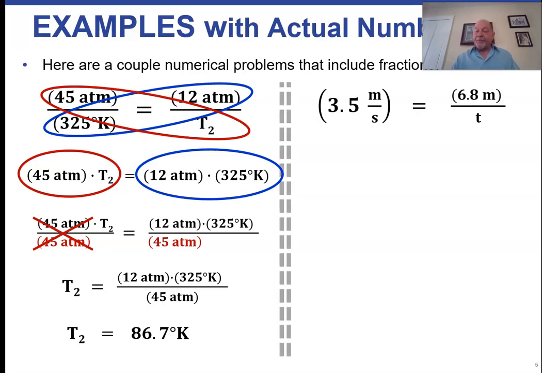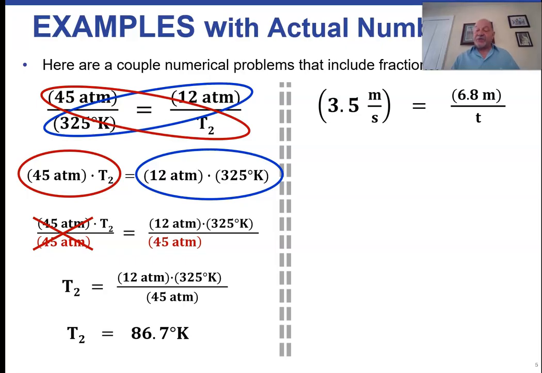Another example would be taking the speed equals distance divided by time formula that we just showed on the previous slide and putting in numbers for two of those three values. So in this case, we have a speed of 3.5 meters per second. We have a distance of 6.8 meters, and our time is our unknown.